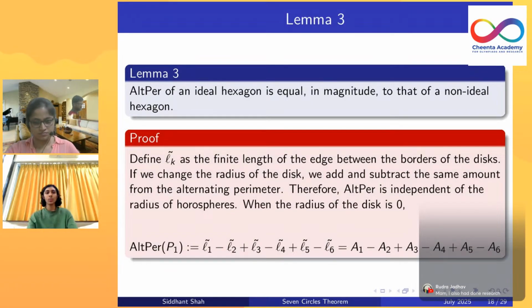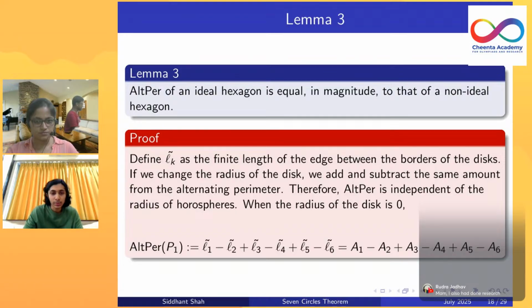Yeah. So now, as we have covered all the prerequisites, I can easily discuss my proof to show you how I proved the seven circles theorem. First of all, I proposed a lemma that the alternating perimeter of an ideal hexagon is equal in magnitude to that of a non-ideal hexagon.